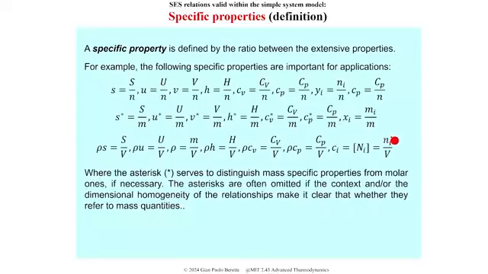I divide the amount of constituents per unit volume. What I get is a concentration of those constituents, which in the chemistry business sometimes is also denoted this way. This is the volume concentration of particles of type i. So notation varies depending on the various fields in which you apply thermodynamics.